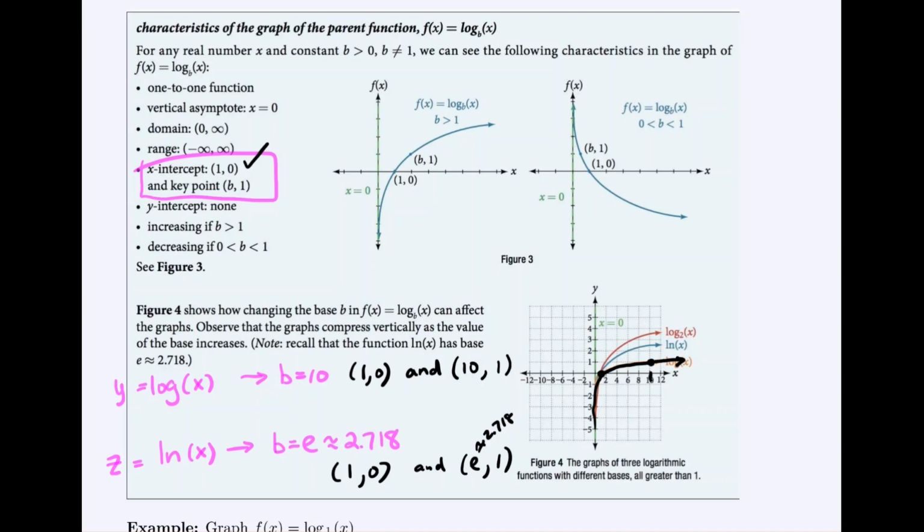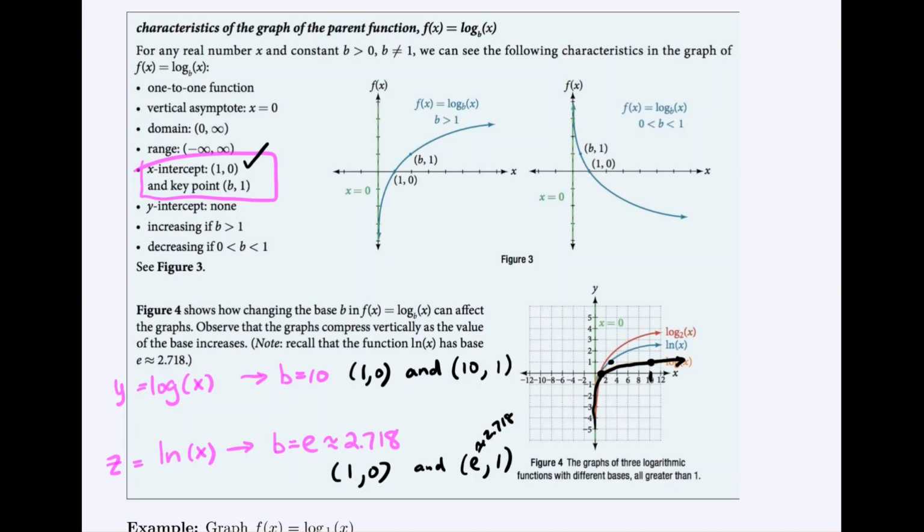However, natural log of x has the next point (e, 1), so it has to go over e, which is 2.718, and it goes up 1.